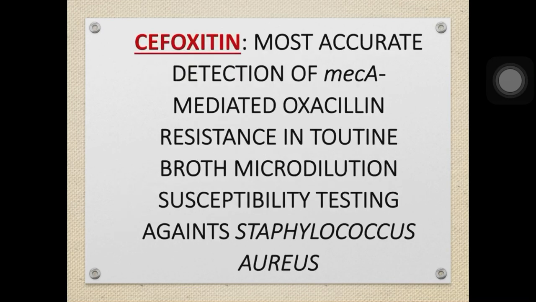For accurate detection of mecA-mediated oxacillin resistance in routine broth microdilution susceptibility test, ano pong pwedeng gamitin dito? Cefoxitin. Cefoxitin for accurate detection of mecA-mediated oxacillin or methicillin resistance in routine broth microdilution susceptibility testing for Staphylococcus aureus.